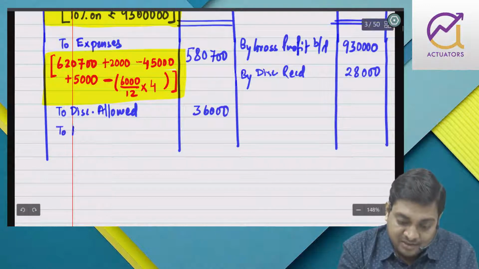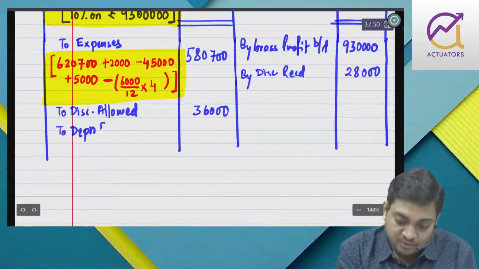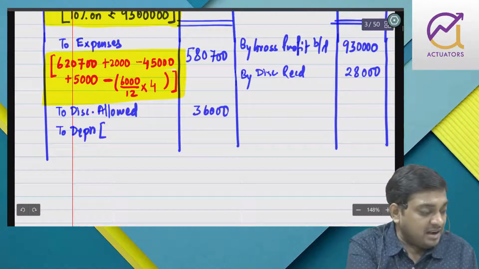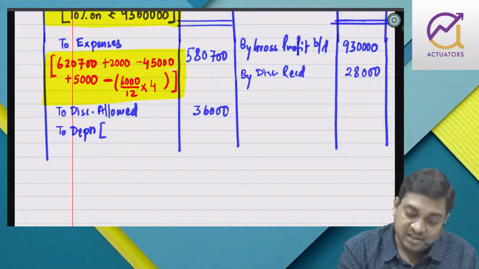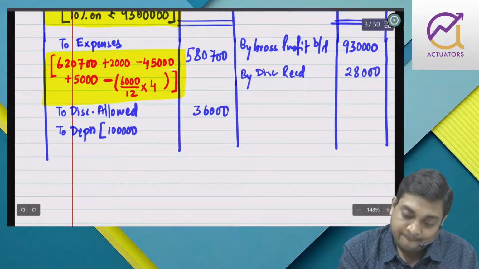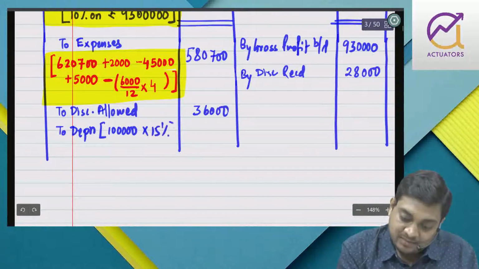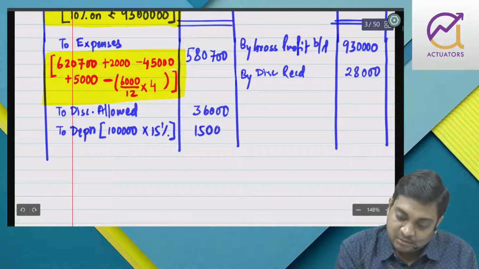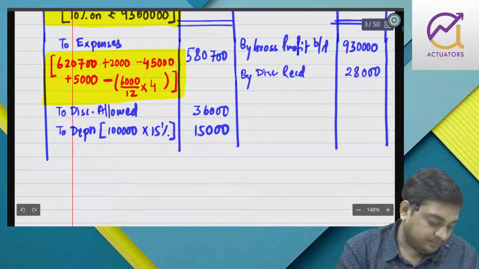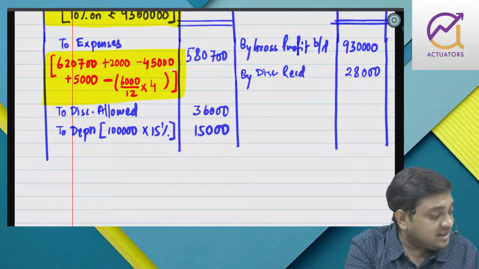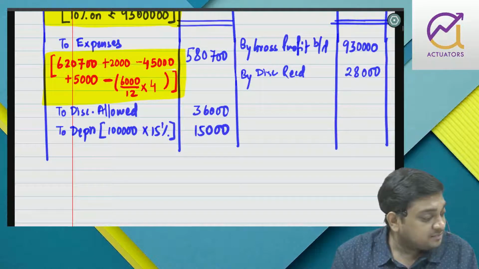Then next we have depreciation, since the rate is also provided to you. So from the opening balance sheet you can easily see the opening furniture, it's 1 lakh and the rate is 15%. So that comes to 15,000. Now I don't find any other expenses. Drawings is a personal expense, right?